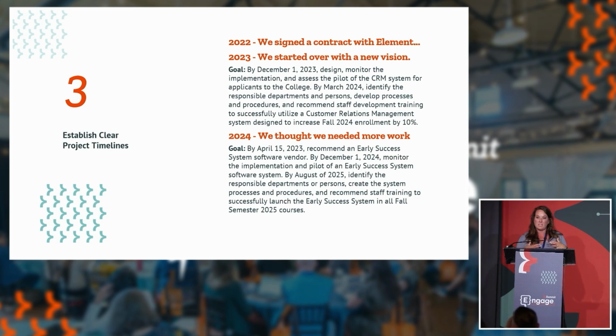And again, Dr. Donez was wanting one system to do everything. And so this allowed us to rethink and rebuild our goal. So now we are not only implementing the CRM for one purpose, but we're also adding the early success side, an early success system to capture those early alerts and keep those students moving through. But make sure your project timelines are clear and established.